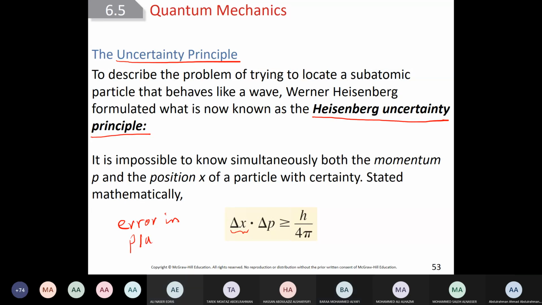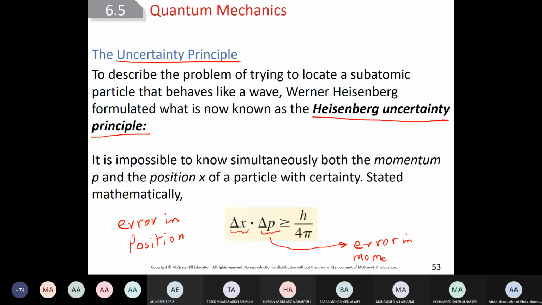I like position much more than place, so I will erase place and write position. Times delta P, the error in momentum.